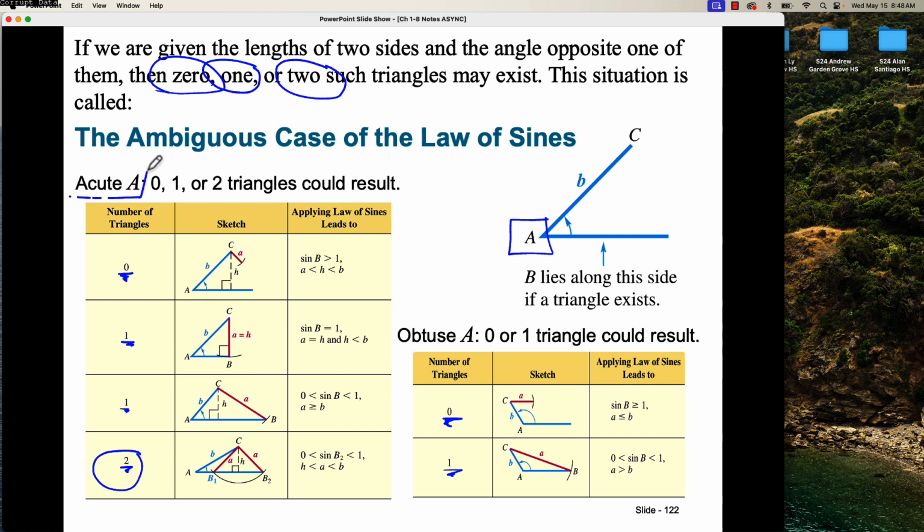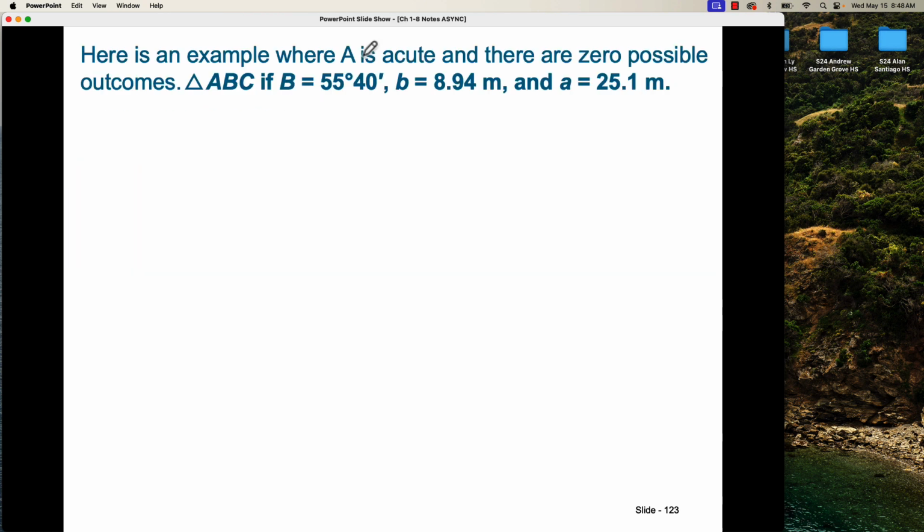This table right here is all for an acute angle A, and this table right here is all for an obtuse angle A. Okay, if that feels a little overwhelming, that's understandable. Let's see this in an example where A is acute and there are 0 possible outcomes.